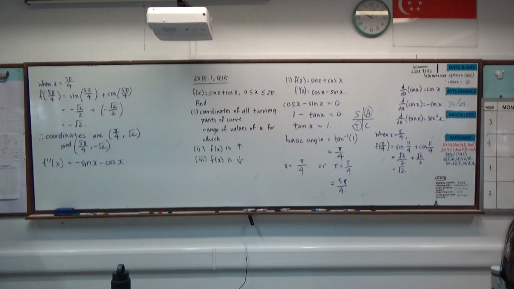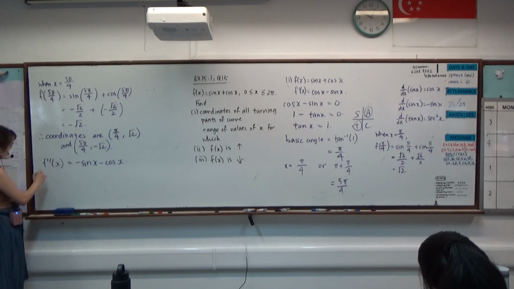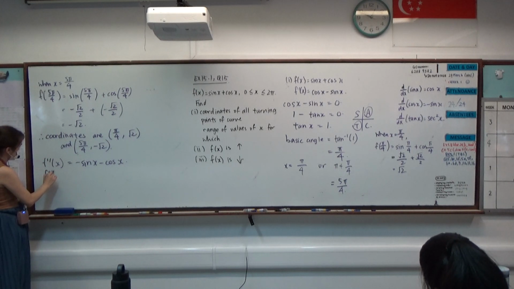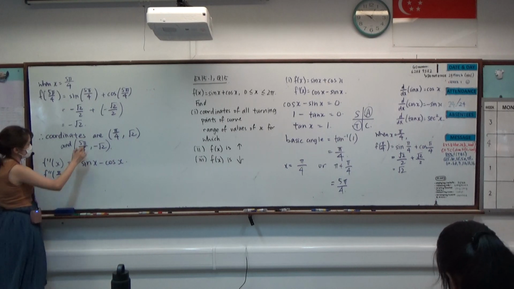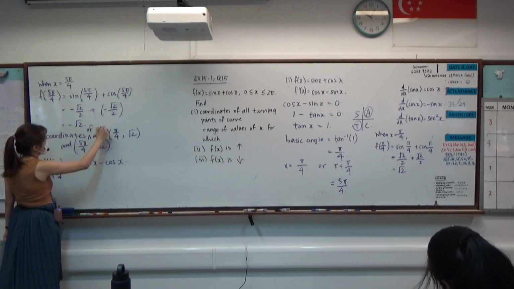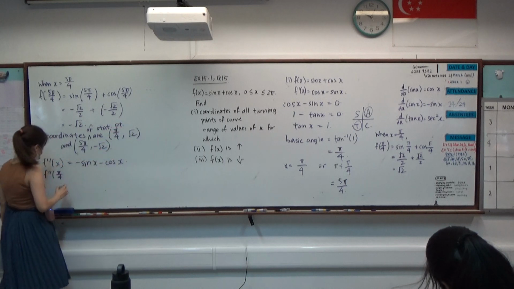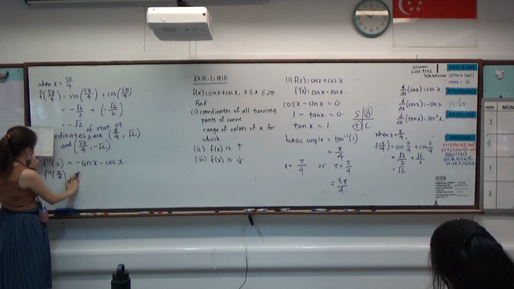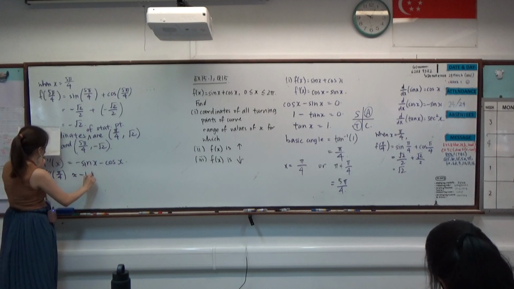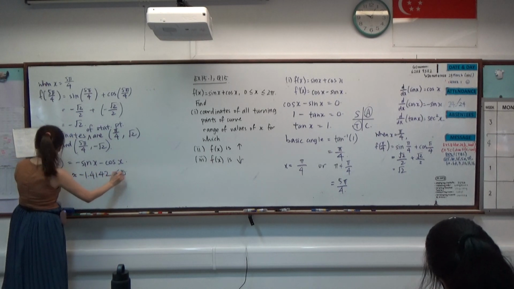So we have negative sine x minus cosine x, and when it is pi over 4, we find that it is approximately this.